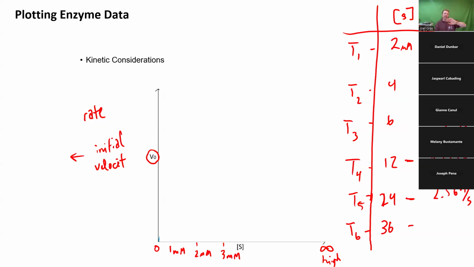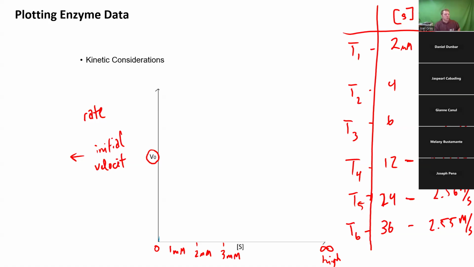Could you guess approximately what the velocity would be based on what you've seen so far? If I told you it was 2.55, would that make you say, oh my gosh, that's insane? It drops down a little bit, but chances are you'll say, okay, we saw it go up and then it kind of plateaus.